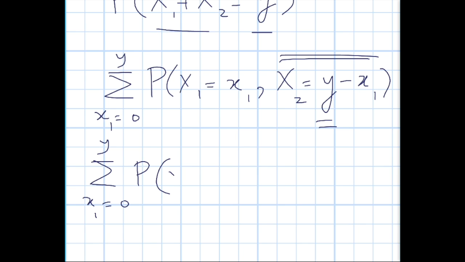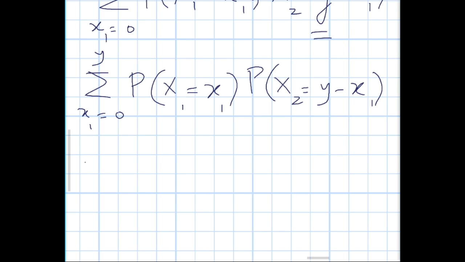We use the independence assumption which we made in the start. This is equal to y minus X1. So now let's apply the PMF of both these random variables.